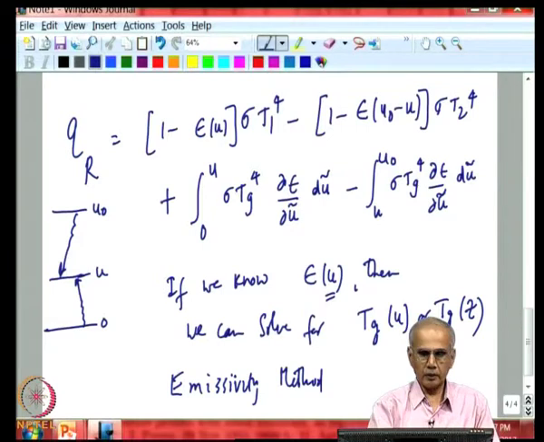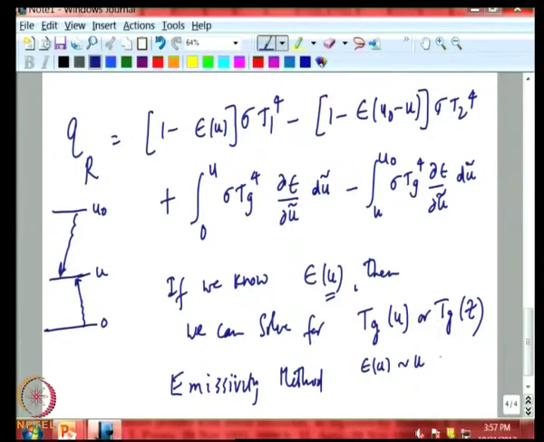We know that emissivity varies linearly with u for small u, and varies somewhat like log u for large u. So, this we had already discussed. These are the typical values in the limit of very low path length and very large path length. We also saw there is an intermediate region where it varied as the square root of u.